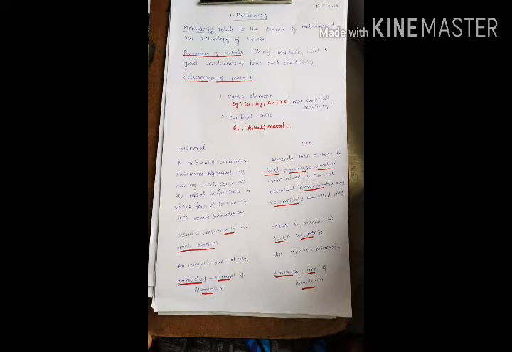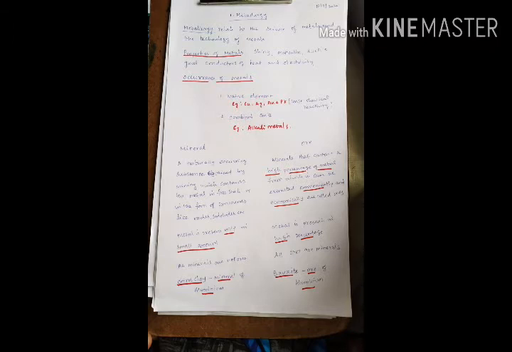In the mineral, the metal may be in the free state or it may be in the combined state. Combined state means they may be present in the form of compounds. A metal may be an oxide, a sulfide, a carbonate, etc. In minerals, metal is present only in smaller amount.